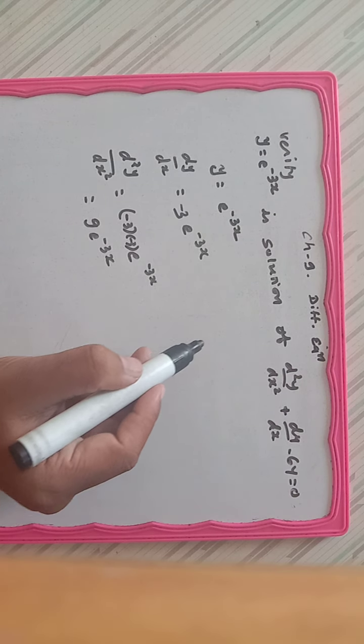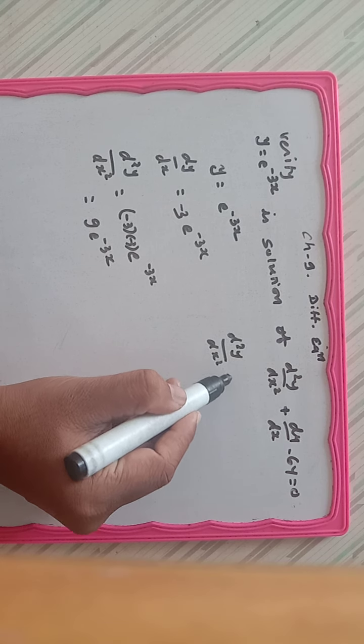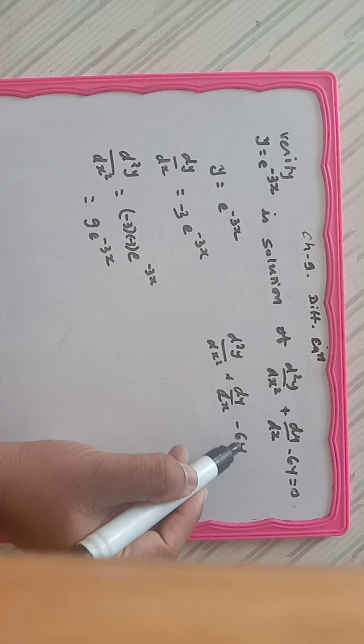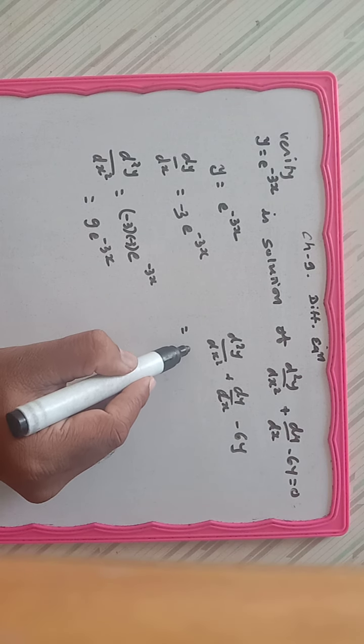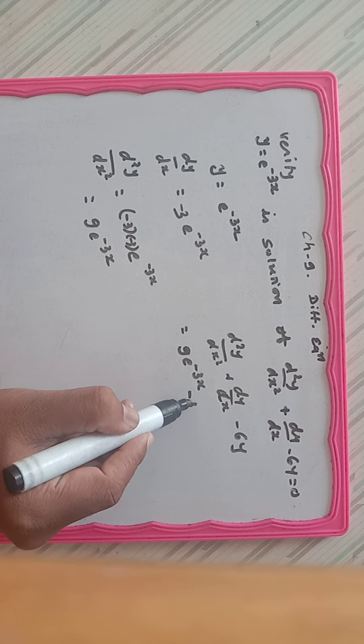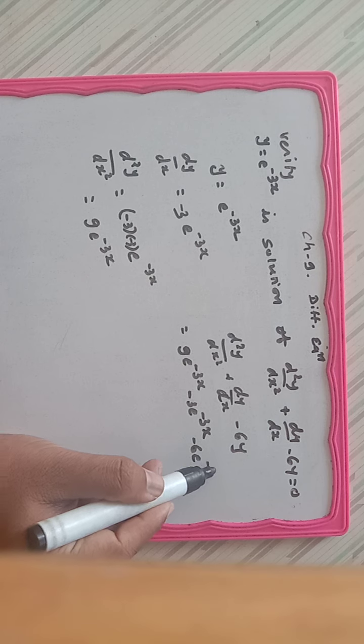So now we substitute in the equation d square y by dx square plus dy by dx minus 6y: 9e raised to minus 3x minus 3e raised to minus 3x minus 6e raised to minus 3x.